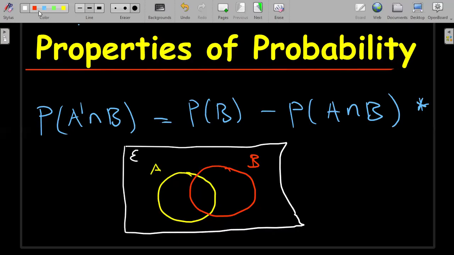A complement is everything that is outside A. So here where I'm shading with the blue, all this part here is what?